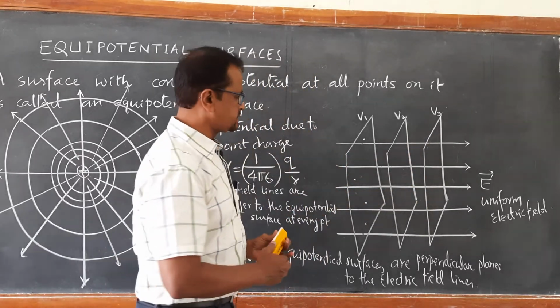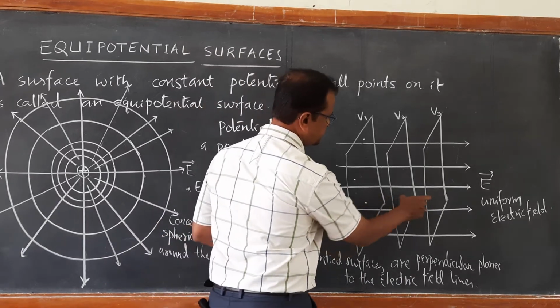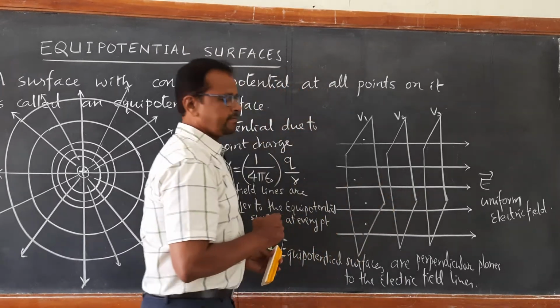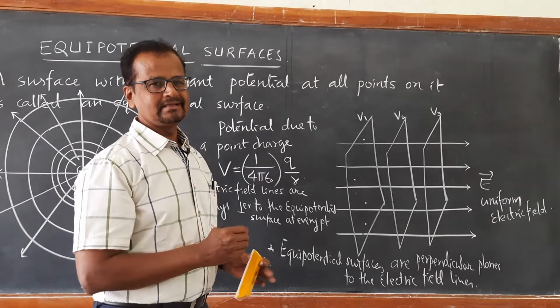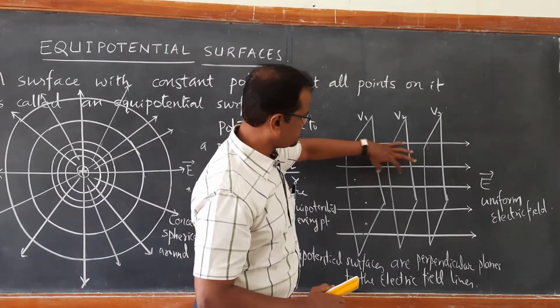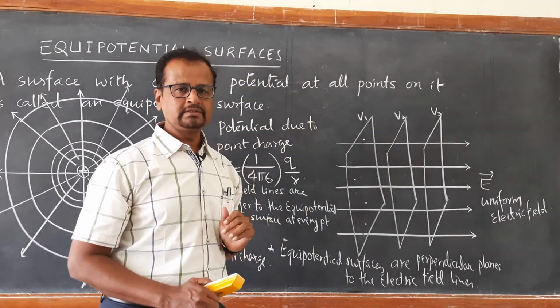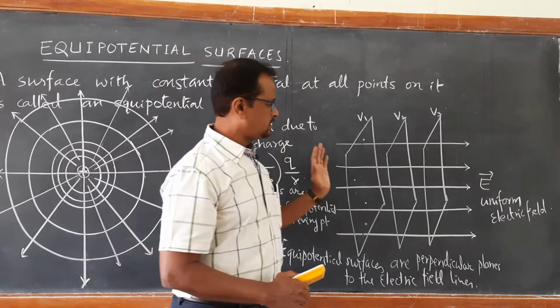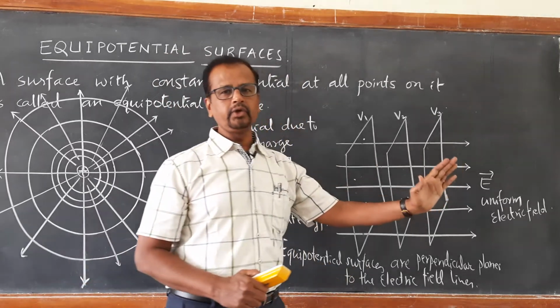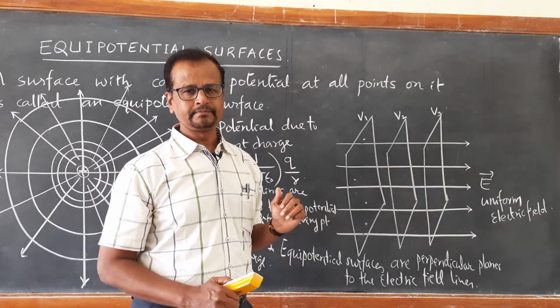And note here, a very interesting thing: the perpendicular distance between the parallel planes is always constant. This is because it is representing a uniform electric field.